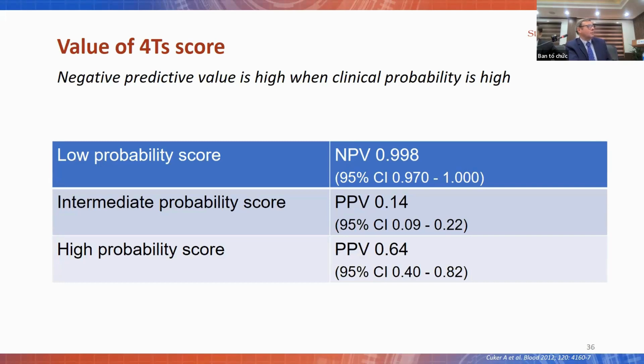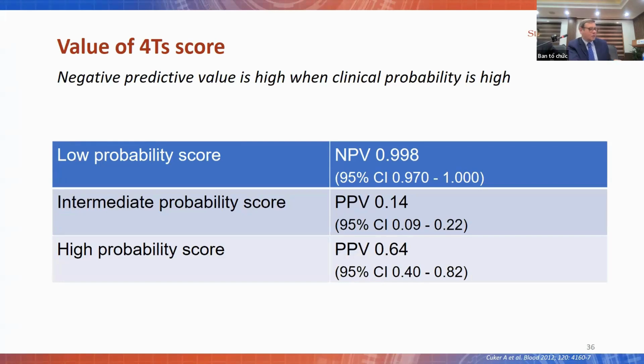If you have an intermediate probability score, then the negative predictive value is meaningless, but the positive predictive value is also meaningless. And if you have a high probability score, the positive predictive value increases, but it's still insufficient to make the diagnosis.